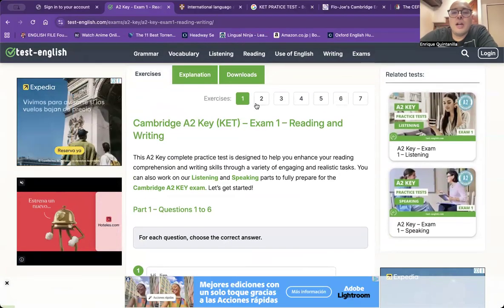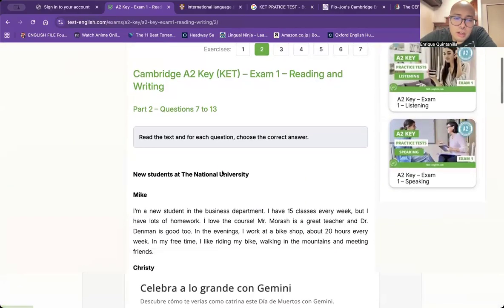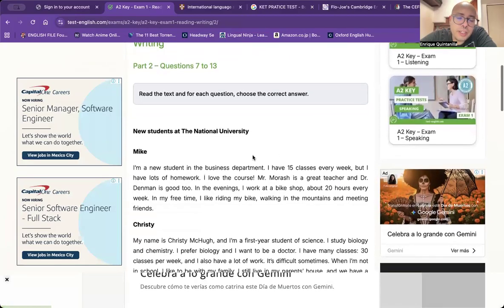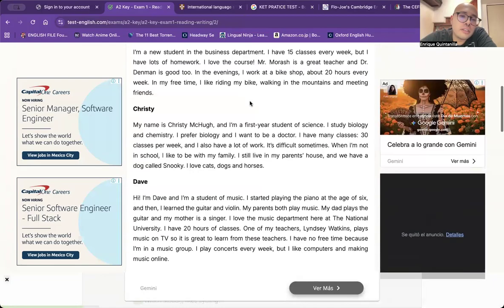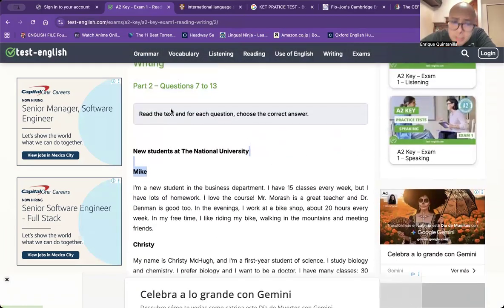As we move on to the second part, reading and writing, this part has several texts. As you can see, there are people here. The instruction says read the text and for each question choose the correct answer.